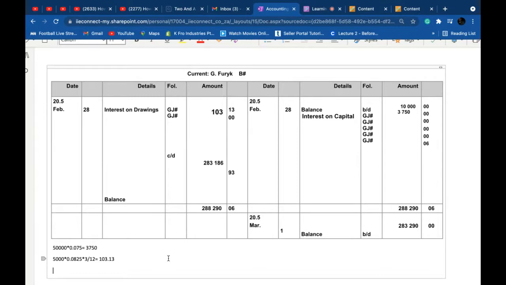So again, we see Unashi has a balance of 16,000 and G has a balance of 10,000. So 10,000 times 0.0975. And what does that give us?